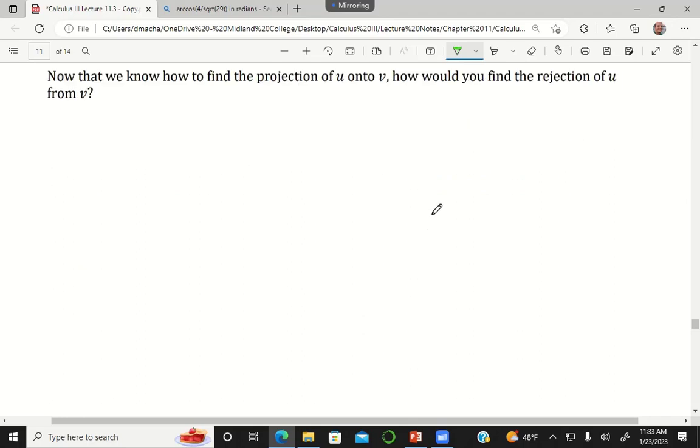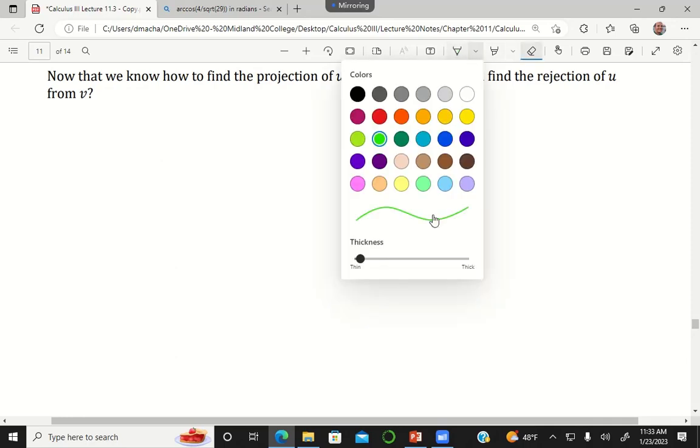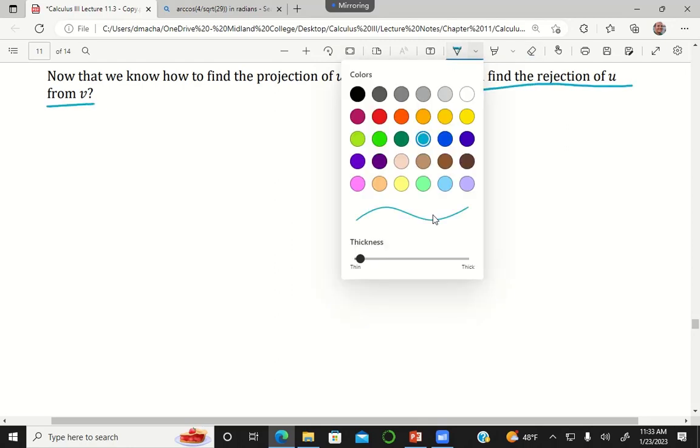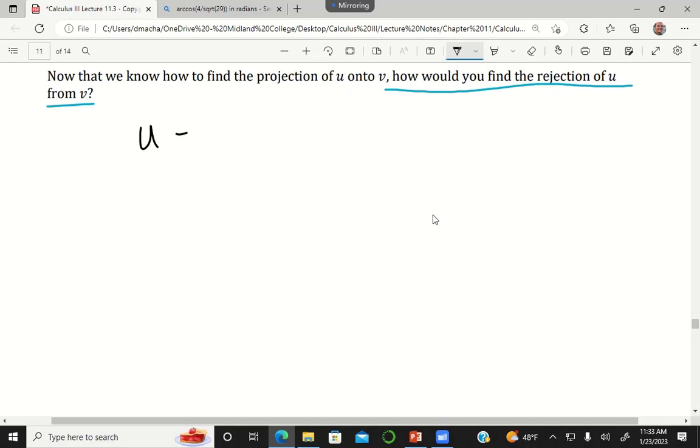Okay, now that we know how to find the projection of u onto v, that's the formula I said you have to have memorized, so copy it into your notes. Now that we know how to do that, how would you then go and find the rejection of u from v? What you'd do is you'd go back to this formula.